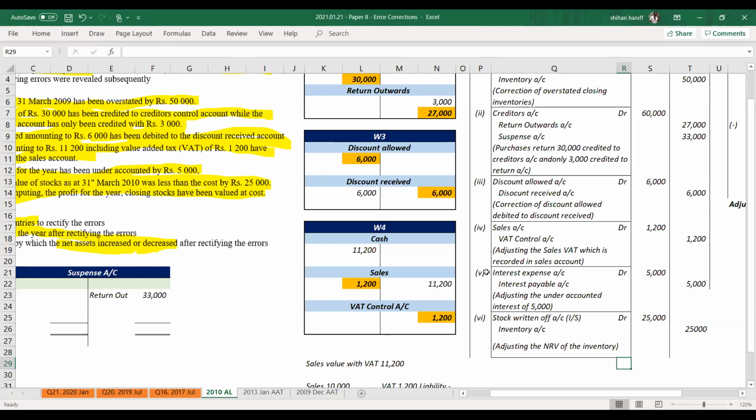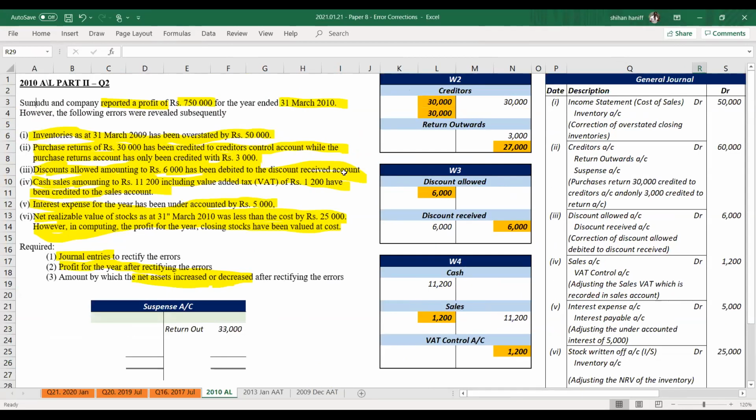Let me explain the sixth question. This also comes under the adjustment. In this question, most of the areas are related to accounting adjustments. Under accounting adjustments, we have the closing stock adjustment. The video which I shared has the NRV adjustment as well. You can go through that.